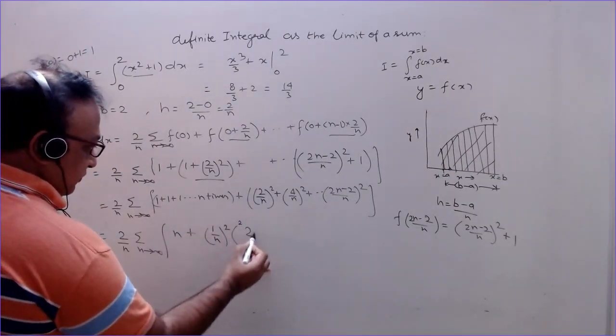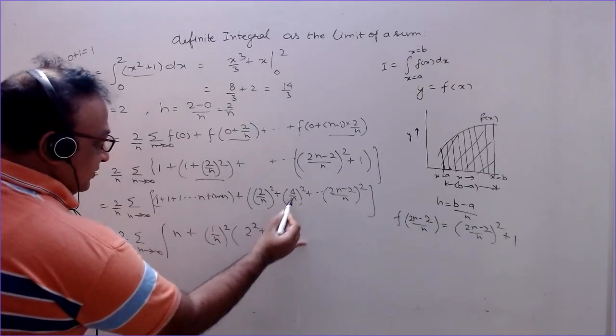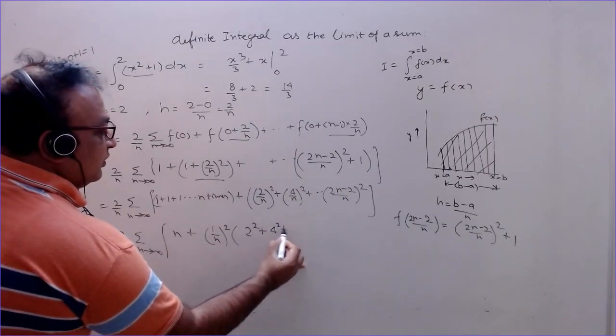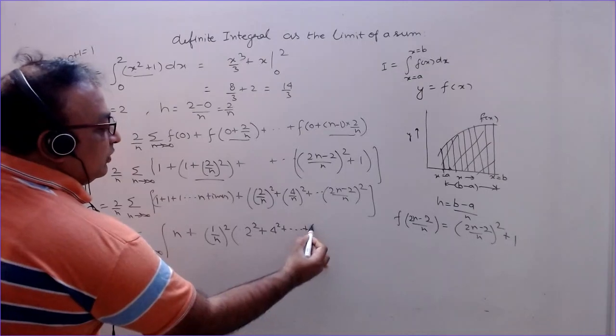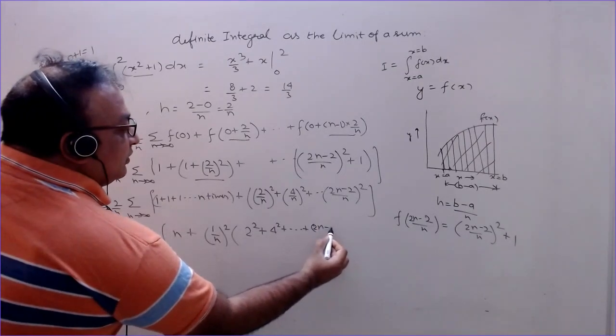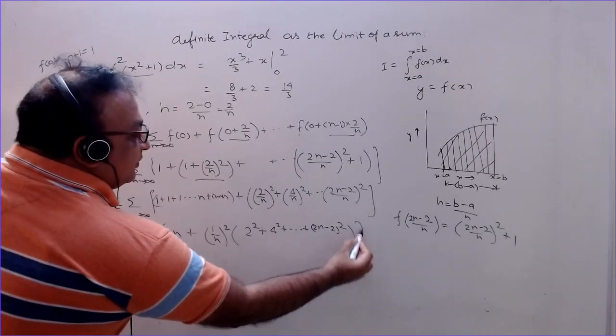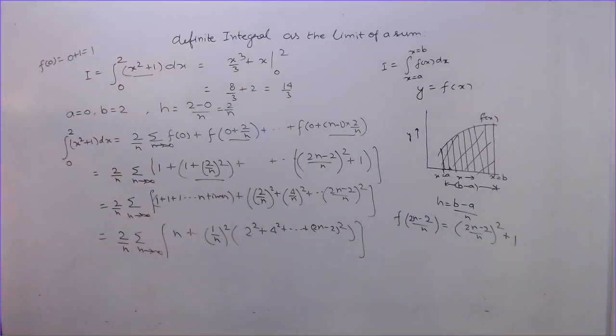So this is 2 square plus 4 square and up to 2n minus 2 whole square. So we have to sum up these series.